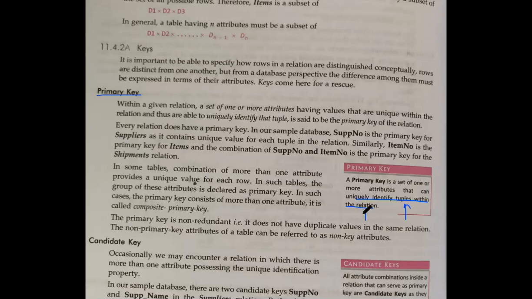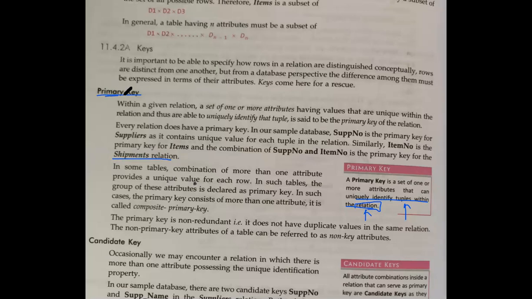And what is the meaning of relation here? No. See, when we talk about relation, it is the name of a table. Suppose, for example, it is given a shipment relation. So it means shipment is the name of the table in which we are going to have some columns.